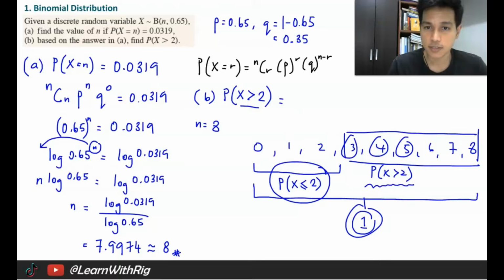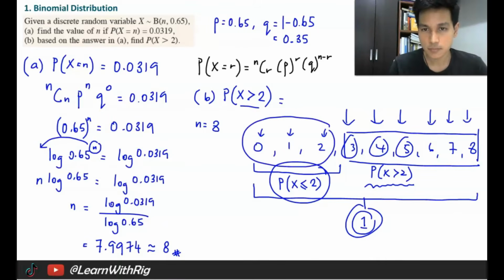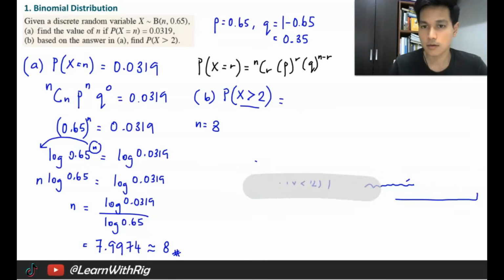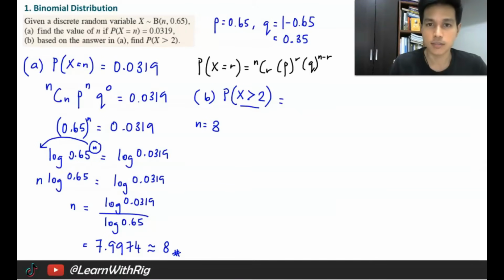And if you do this, you only have to substitute 3 values compared to the other way. You can substitute all of them, but it takes a long time. So instead, we're just going to take this, because 3 numbers is so much easier. Let me rewrite this: 1 minus P(x less than or equal to 2).